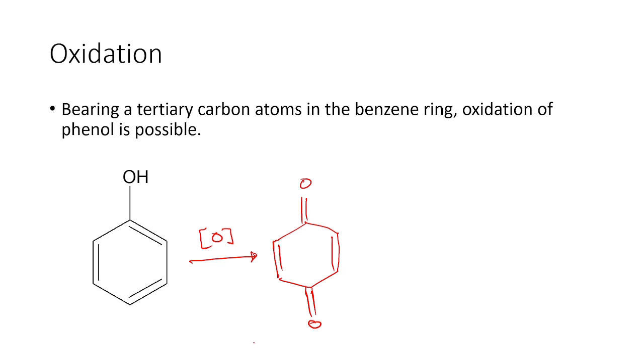So meaning to say, we will have here what we call a para benzoquinone, or you can just write quinone kung nalilito kayo. Pero there are other types of quinone, kaya isinulat ko ito ng ganito.